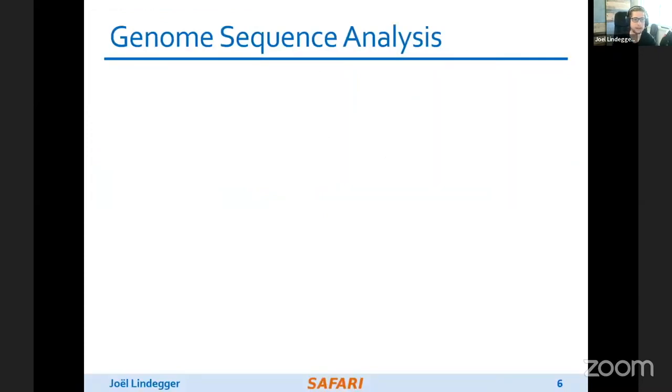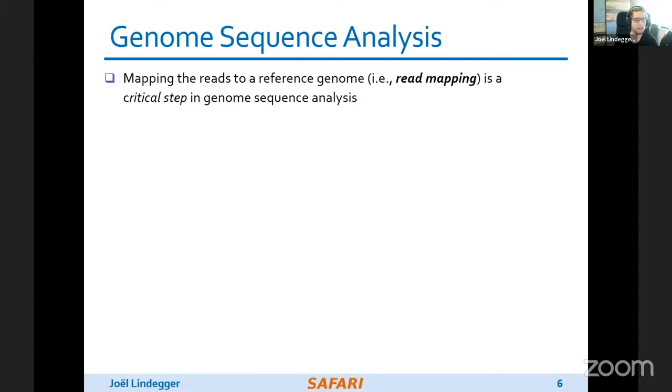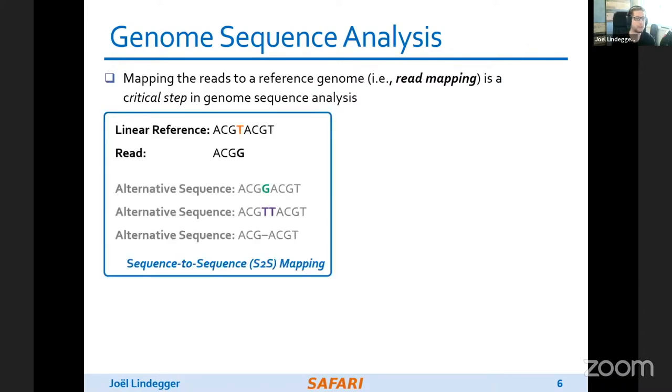Now, we could do what we've been doing, let's say, for the last few lectures here. We could do a mapping to a linear reference genome. So as you see here, we have one reference sequence and one read, as we've seen also in the prior lectures like Genome and Scrooge. The problem here is that it's really incorrect to have one reference genome. Consider your genome and my genome, they will be different in some places.